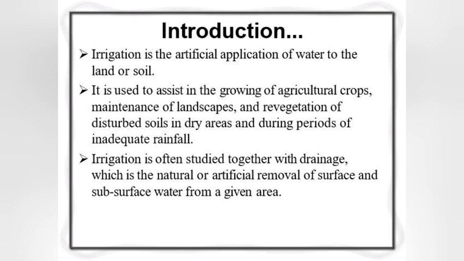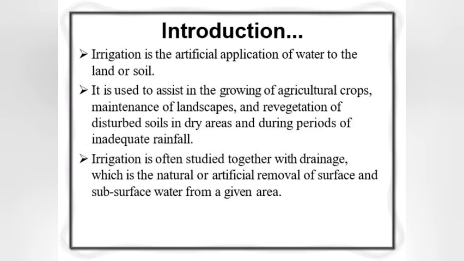We have two main factors which control the increased output of agriculture. The first one is good fertile land, and the second one is the supply of the required quantity of water.